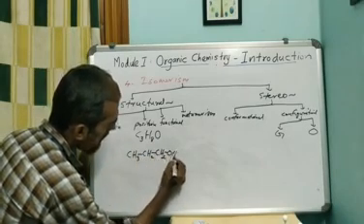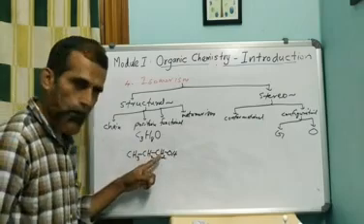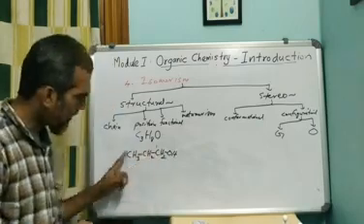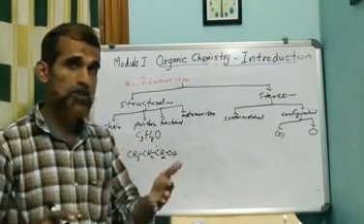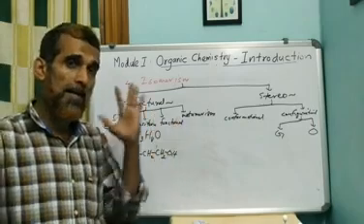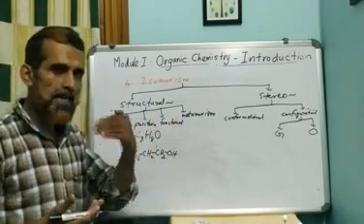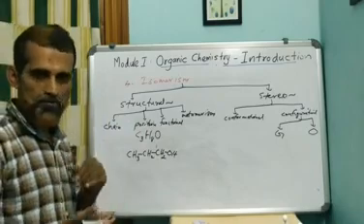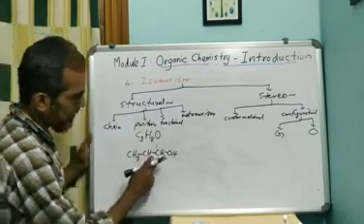What is this compound called? This is propan 1-ol. This is position 1. Right? Propan 1-ol. I am not going to the details of IUPAC nomenclature in this session because that's a little wide area. You will discuss in different chapters the naming of compounds of different functional groups. So this is propan 1-ol.